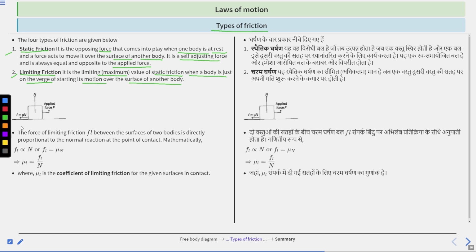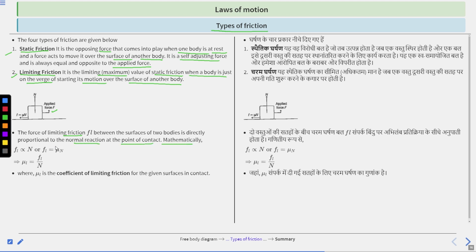Clear? So suppose this is a body and this is the applied force F in this direction, and the frictional force, which is equal to mu N, is in this direction. So both are opposing each other. The force of limiting friction Fl between the surfaces of two bodies is directly proportional to the normal reaction at the point of contact.